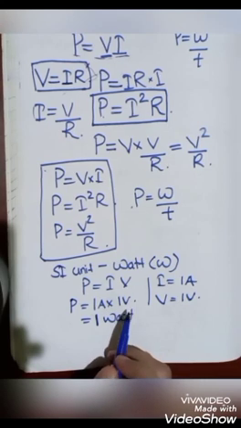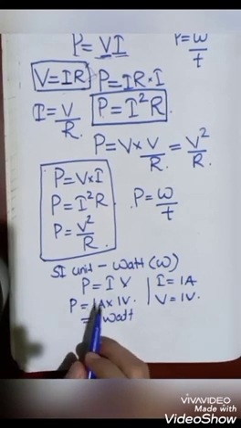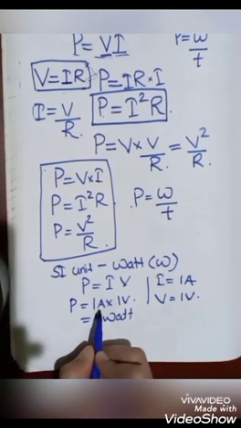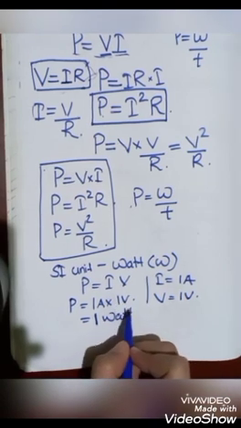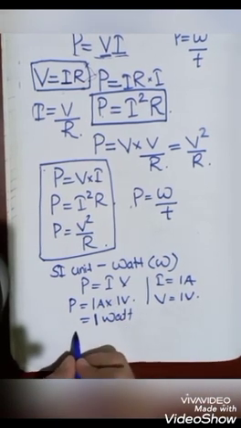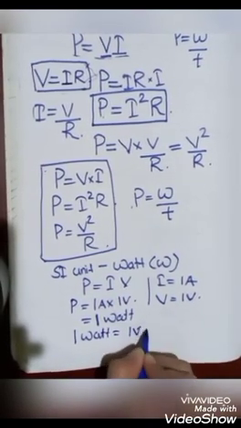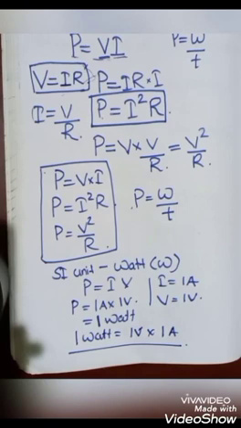Hope you clear that. That is, 1 watt is equal to 1 volt into 1 ampere. It is very important. You will be asked to define 1 watt for your exam.